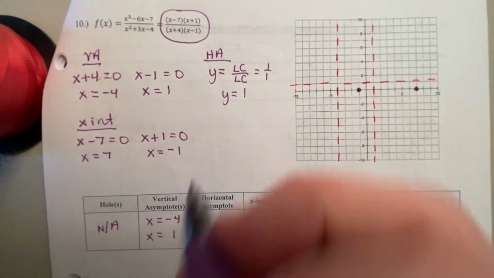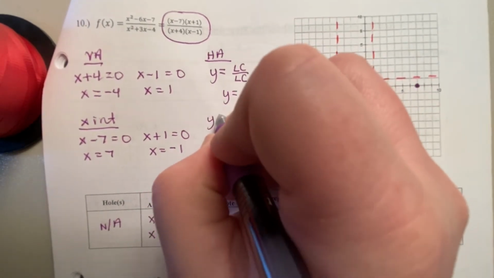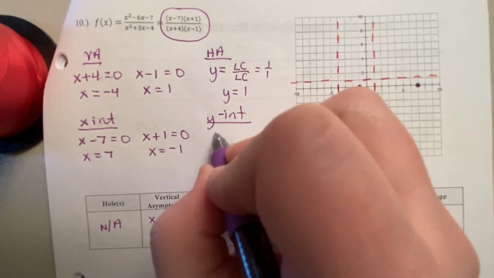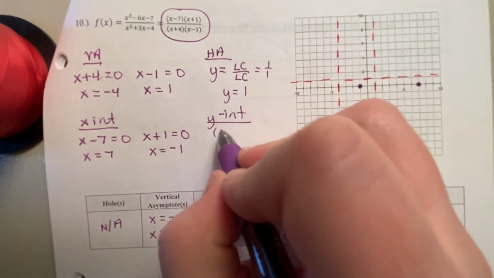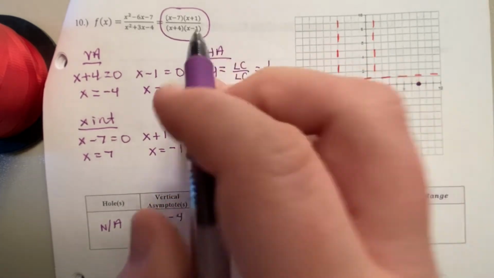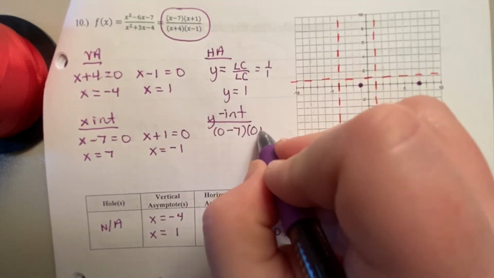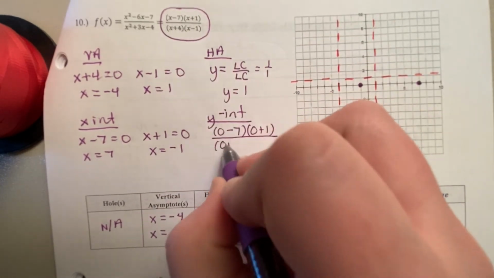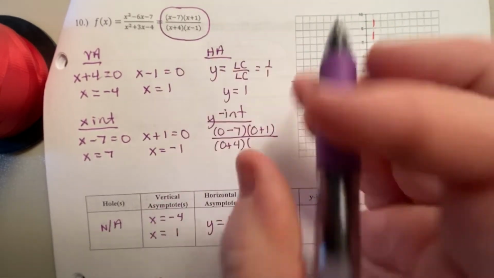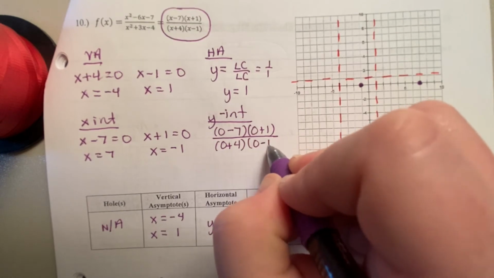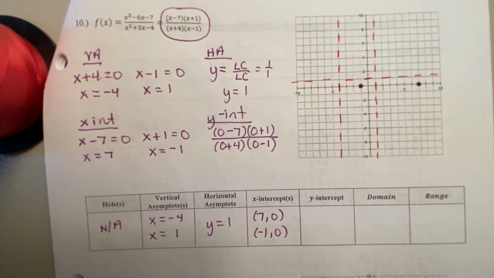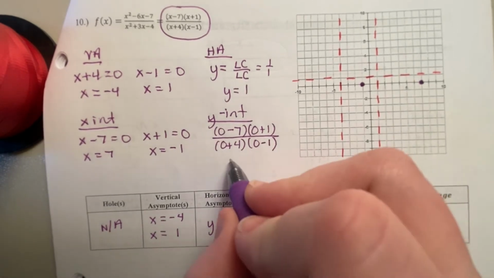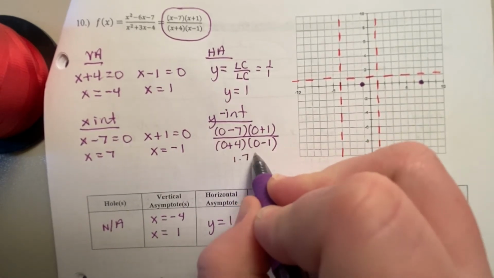Now to get the y-intercept, I'm going to substitute 0 in for x. So 0 minus 7 times 0 plus 1, over 0 plus 4 times 0 minus 1. When I do that and put it in my calculator, I get approximately 1.75.